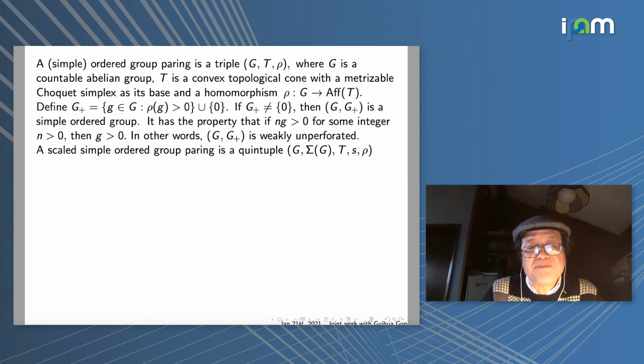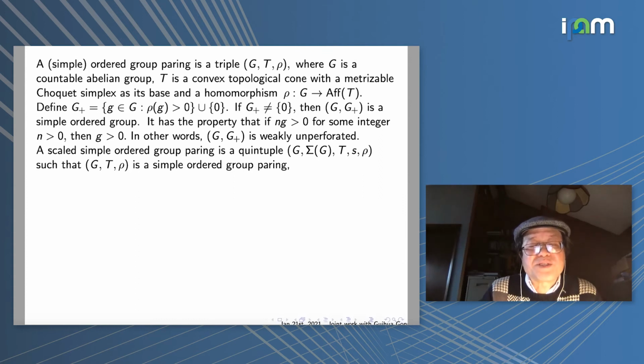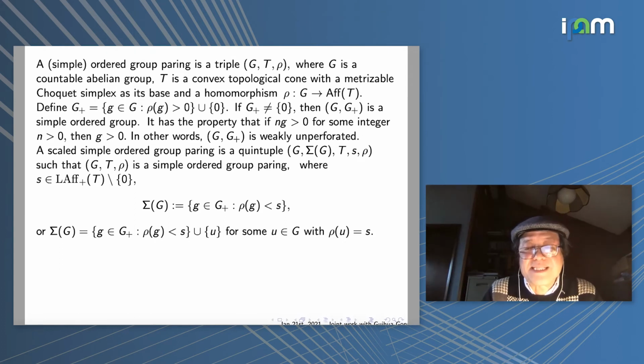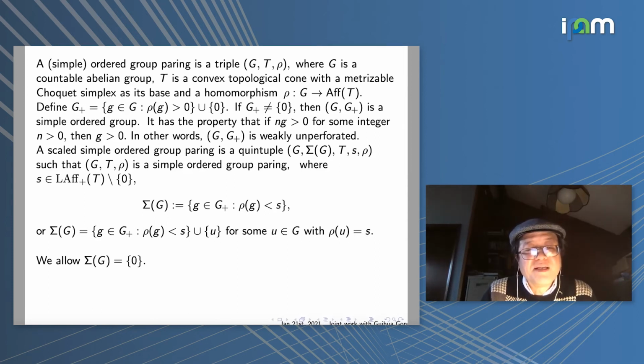A scaled simple ordered group pairing is a quintuple, so you will have additional things. (G, T, rho) is a simple ordered group pairing, and S is a lower semi-continuous strictly positive function. And there is a scale in the group part: either everything is smaller than S, or there is a u such that rho(u) is S. And we certainly allow Sigma G to be zero, if you are wondering.